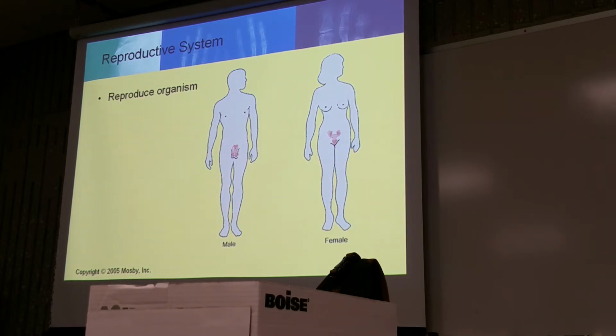A reproductive organ, male versus female. Do we do any type of reproductive procedures in x-rays? We actually do. Okay, have you guys heard of a hysterosalpingogram? Hysterosalpingogram, okay? It's a radiographic study of the female reproductive organs. So it is something that we do in radiology.